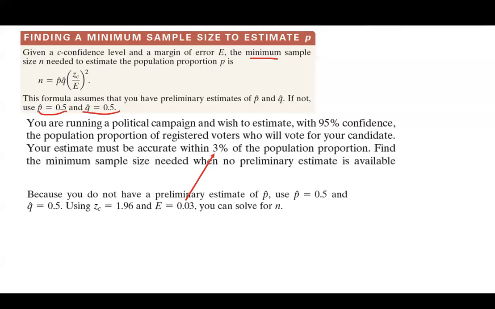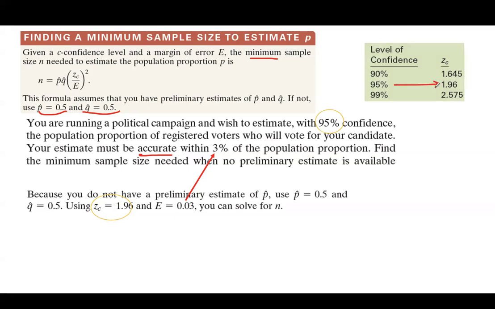This 3% says your estimate must be accurate. It means that it must be within 3% distance of the population proportion. So basically, your margin of error is given to you. When you are calculating the critical value, we are looking at the confidence level, which is 95% here. Very good. So remember that if you have a 95% level of confidence, the critical value is 1.96.